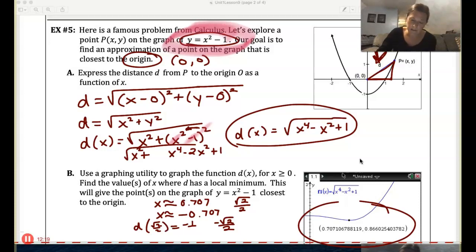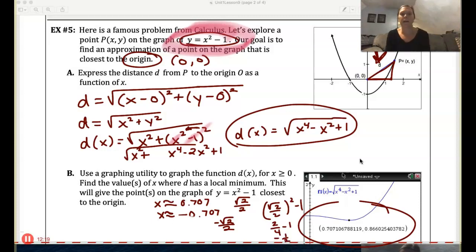Actually, no, we're not putting it into our distance. Am I putting that back into the original? So the square root of 2 over 2 squared minus 1 is going to be 2 over 4 minus 1. Yeah, that's where it comes from, negative 1/2.